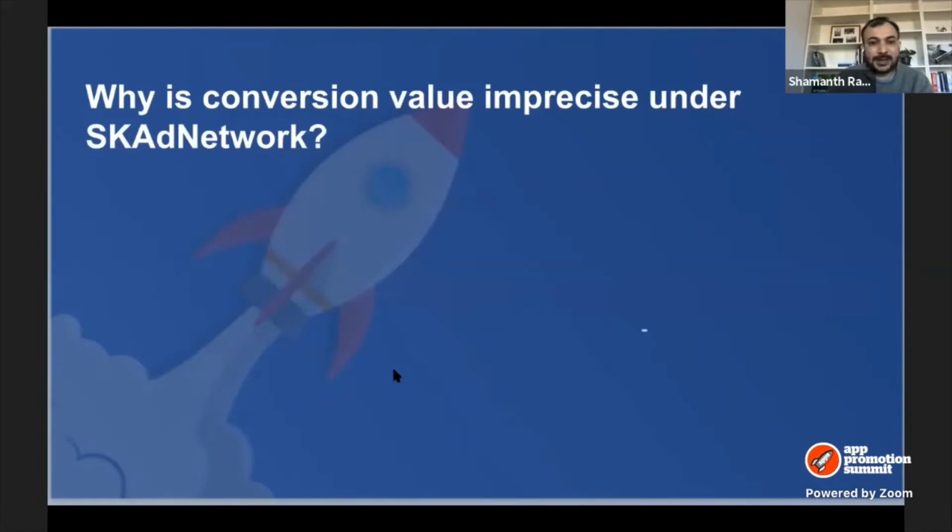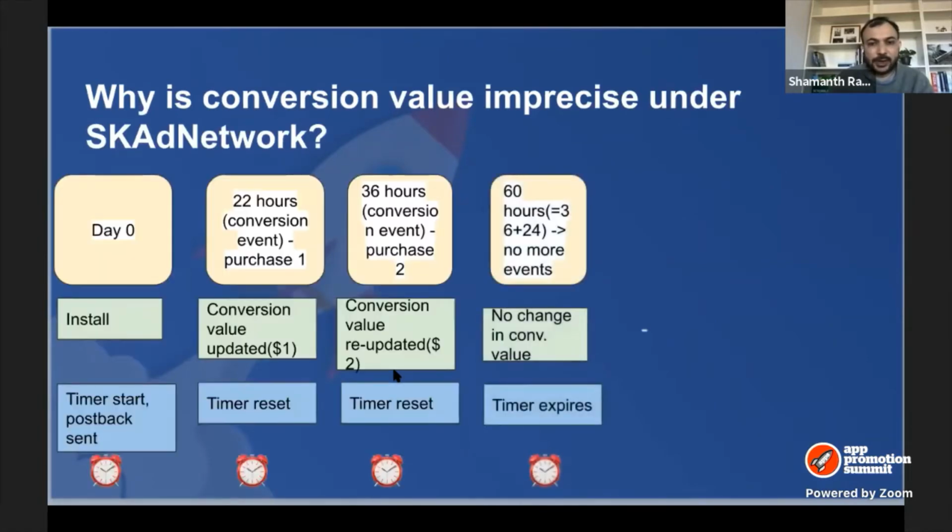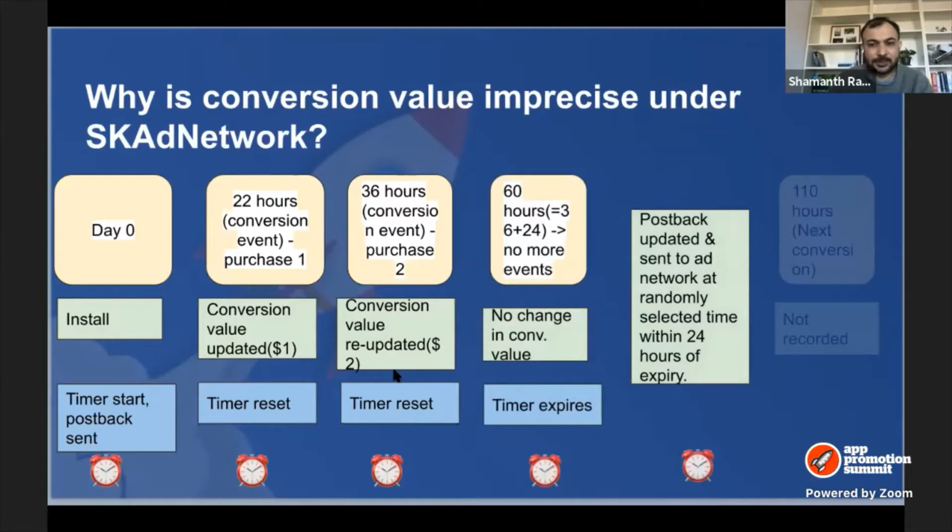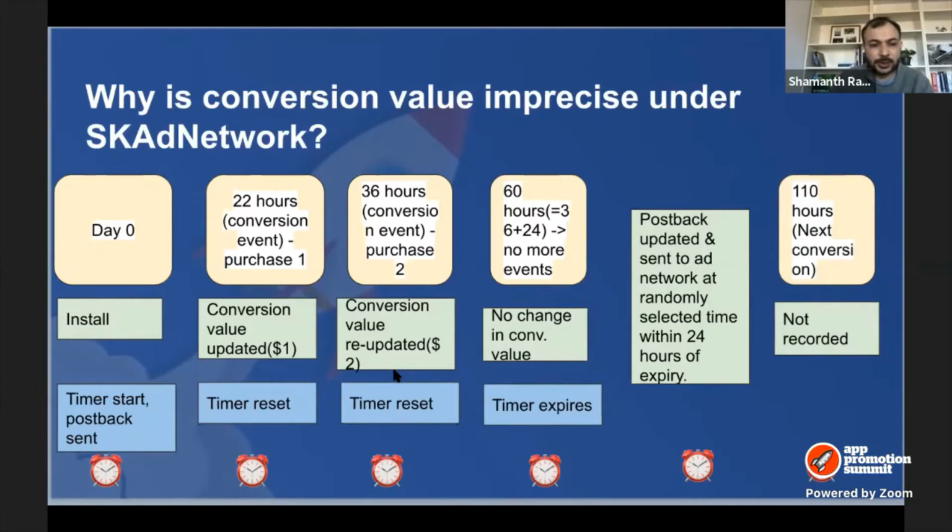And why is conversion value not very precise? Here's why. SKAdNetwork has what they call a timer. The moment a user installs, the timer starts and an install postback is sent. The first time a conversion value is updated, the timer gets reset.